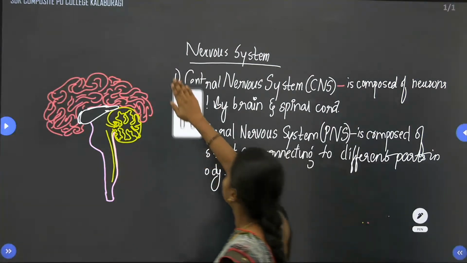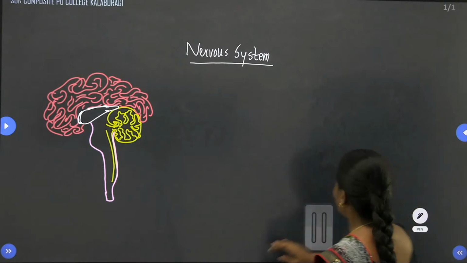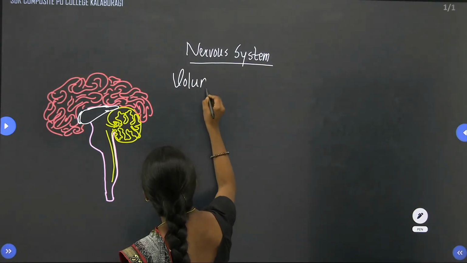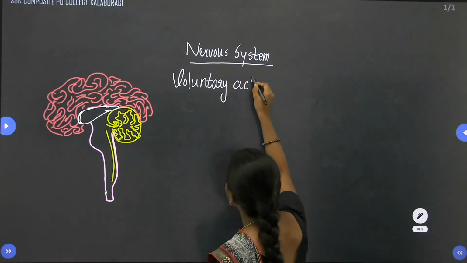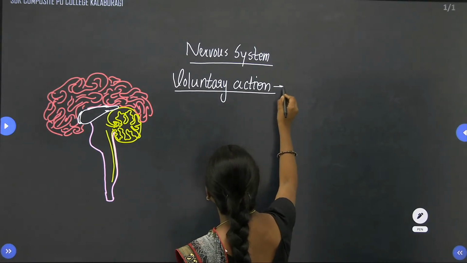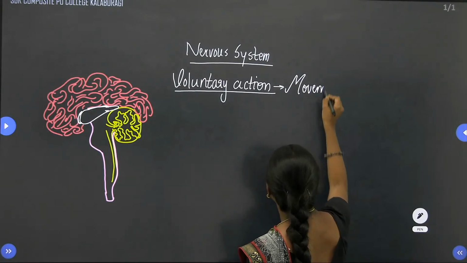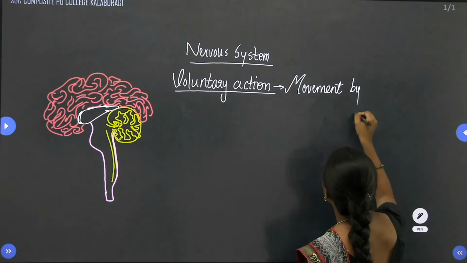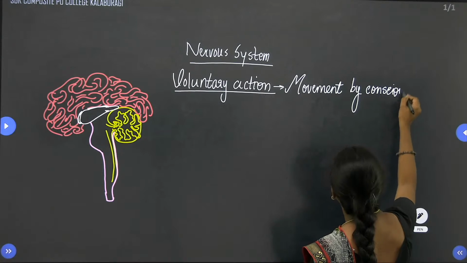Now, these actions that we have stated can be either voluntary action. Voluntary action refers to movement by consciousness.